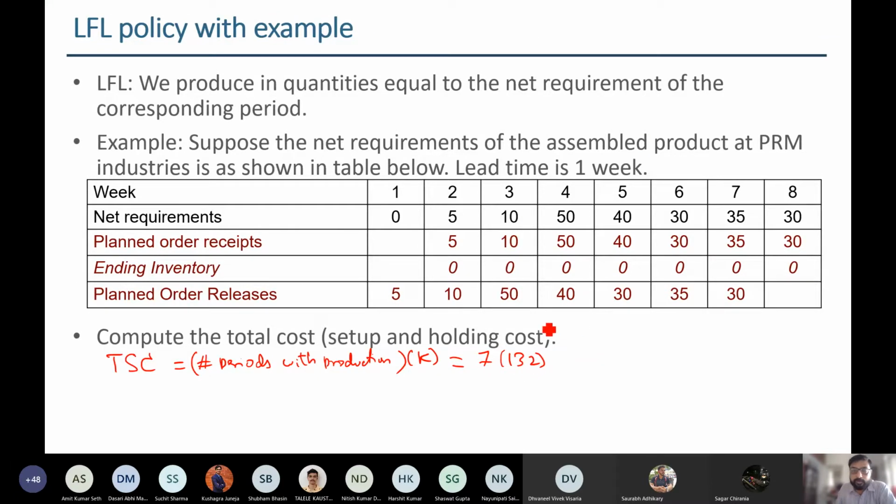So the values we are going to use are K is 132 and H is 0.6 per unit per week, just continuing the same example. In this case it comes to 924. The total holding cost is nothing but the sum of all the inventory into H. I stands for inventory.